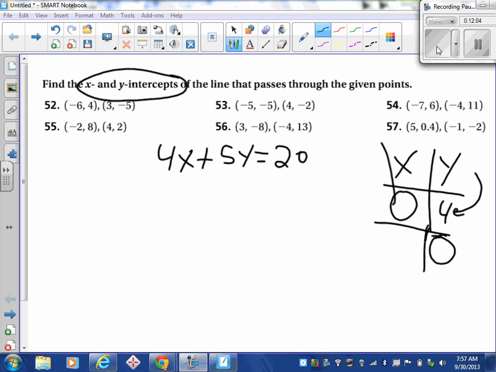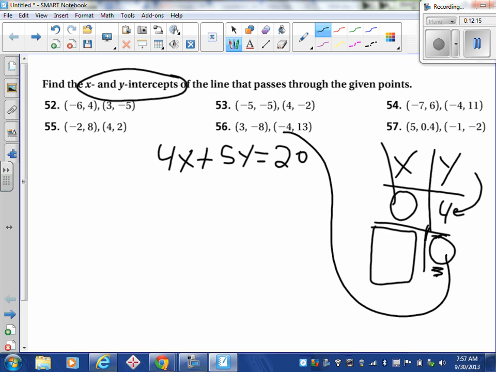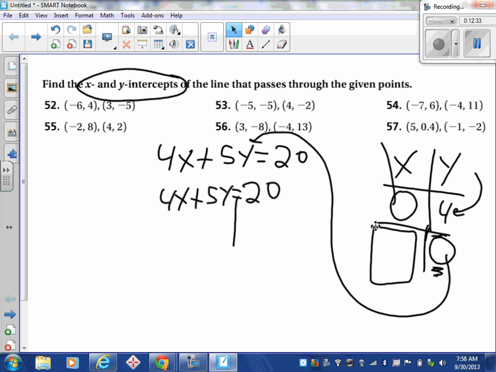Let's go ahead and solve for what number is going to go right there. So I take my 0, and I substitute it in for the y. I'm going to write 4x plus 5y equals 20, and instead of writing the y, I'm going to substitute in the 0.